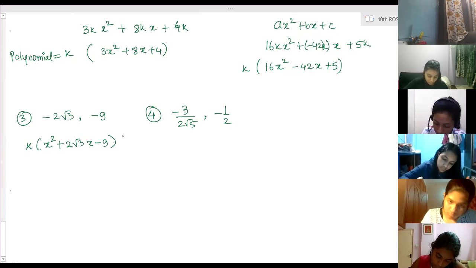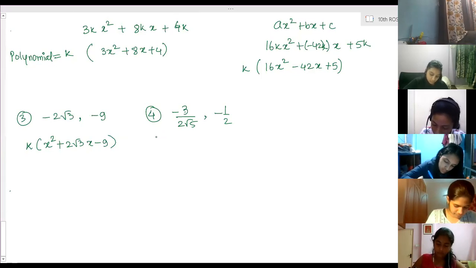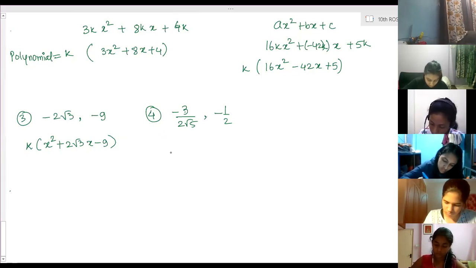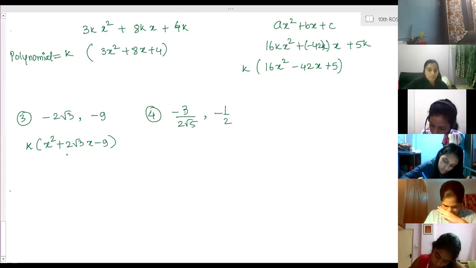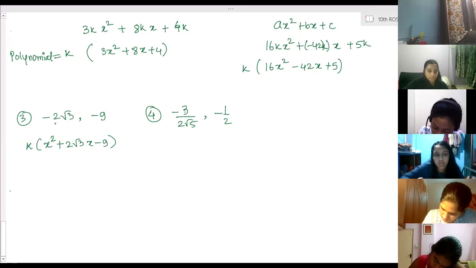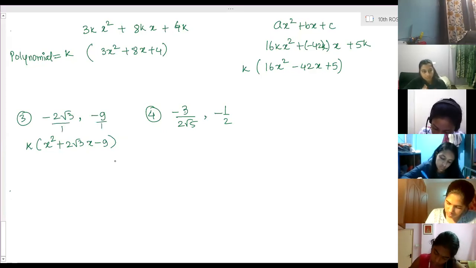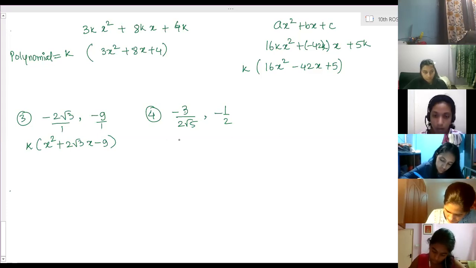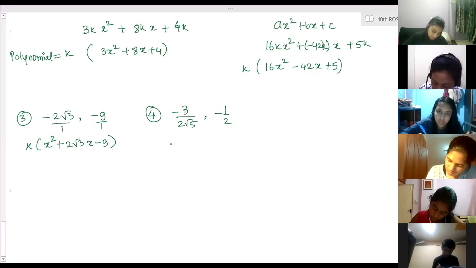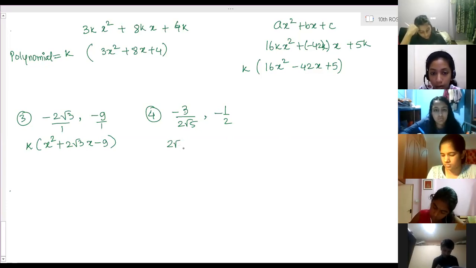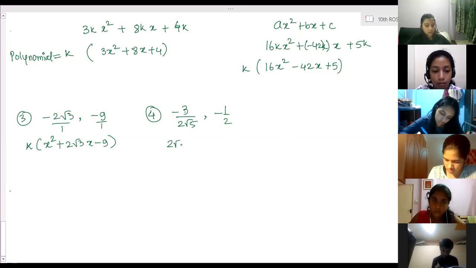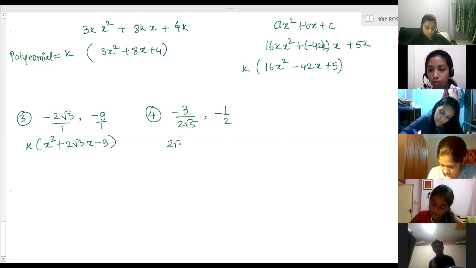Minus b is equal to minus 2 root 3. Yes, Ananya? Ma'am, I'm getting 2 root 3x square plus 3x minus something. Fine. What is the value of a here? Nothing is there, that means 1. No, I'm looking for the fourth one. Sorry, for the third one I got correct. For the fourth one, I got 2 root 3x plus 3x. It is 5 there.